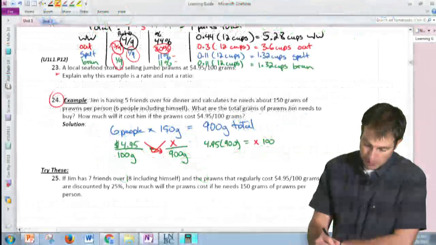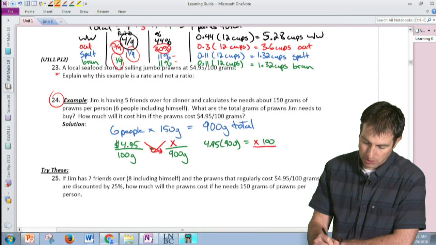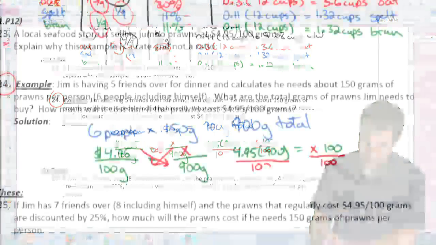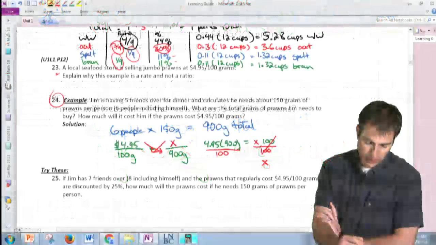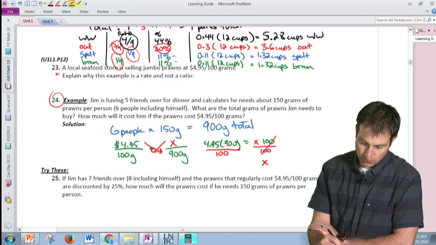I need to get x by itself. The opposite of multiplying by 100 is dividing by 100. If I do it to one side, I have to do it to both. 100 divided by 100 gives me 1, so I'm left with just x over here. And on the left side, I have 4.95 times 900 divided by 100.